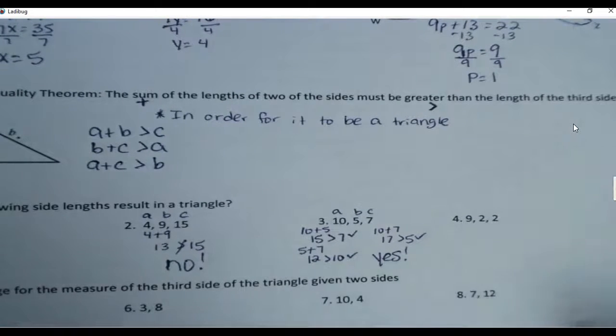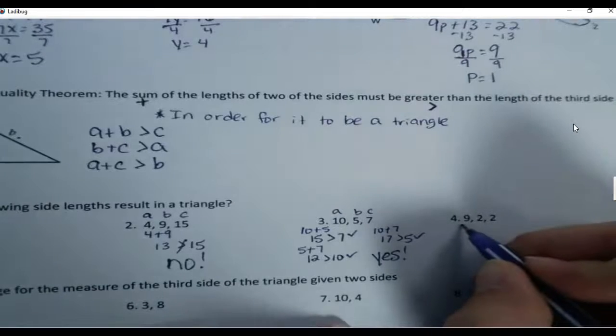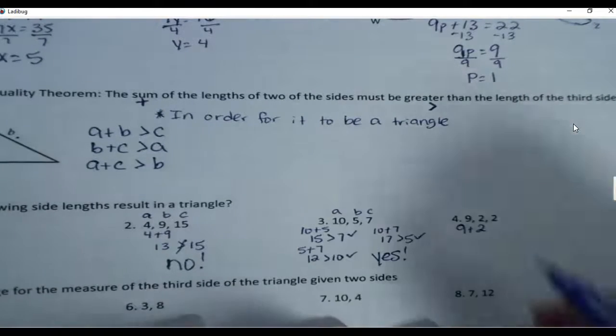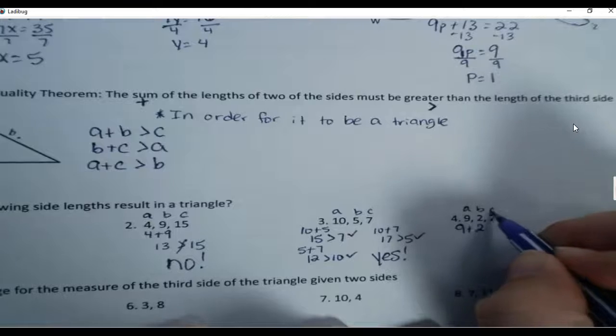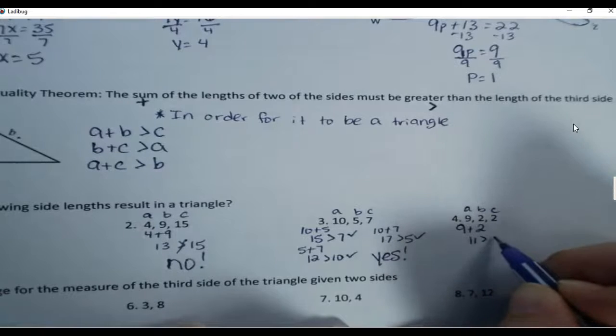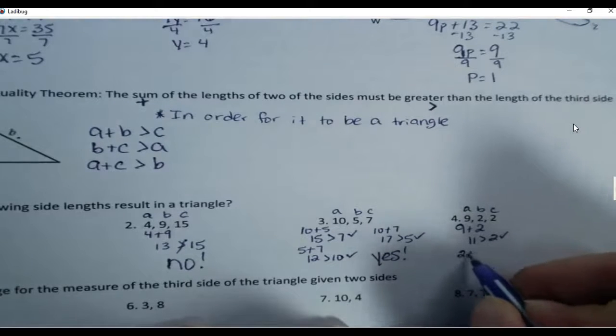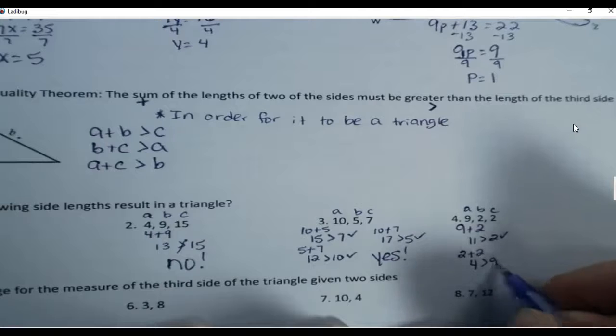Let's look at our next one. So our next one, we've got 9 plus 2. Which is 11. Is 11 greater than 2? Yeah. How about 2 plus 2? Is 4 greater than 9?